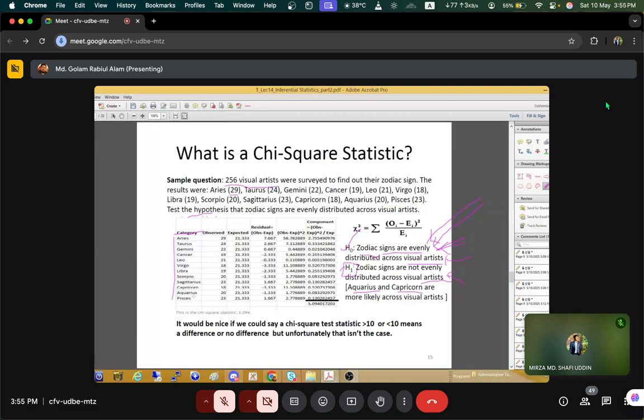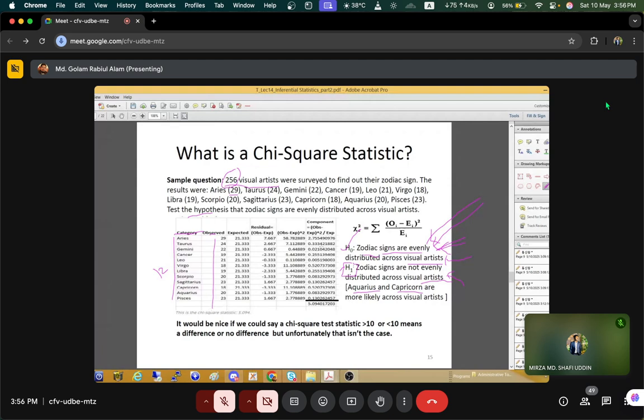These are the zodiac signs: 1, 2, 3, 4, 5, 6, 7, 8, 9, 10, 11, 12, a total of 12 zodiac signs. Out of our 256 visual artists, we observed 29 from Aries, 24 from Taurus, 22 from Gemini and 19 from Cancer. These are our observations.